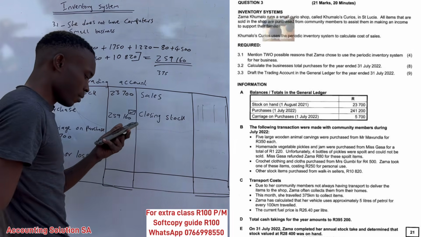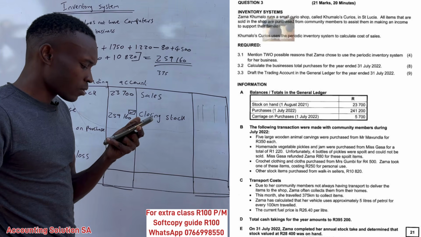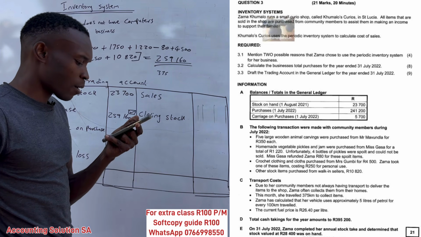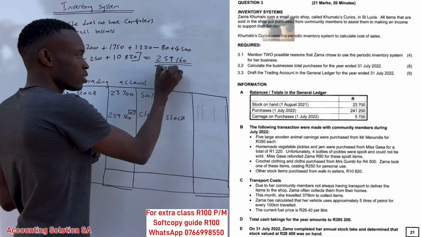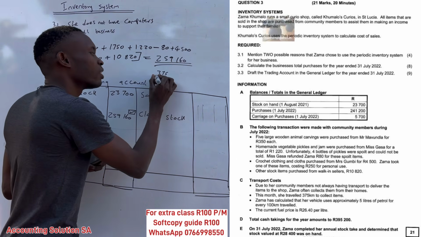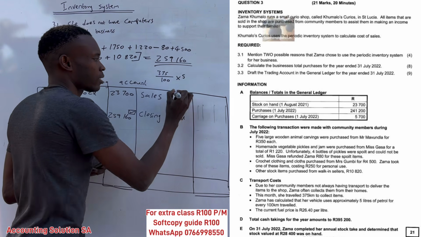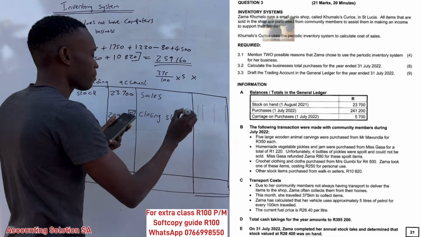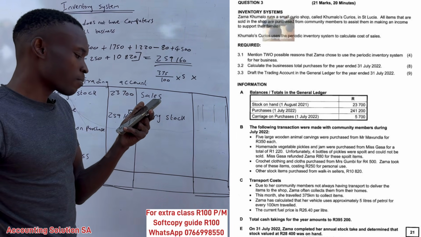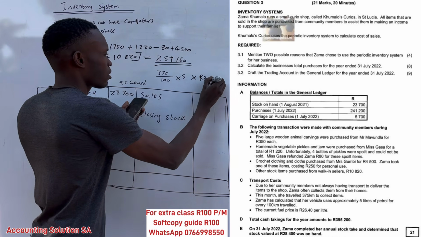Okay, this month she traveled 375 kilometers, and they said that Zama has calculated that her vehicle uses approximately 5 liters of petrol every 100 kilometers. You need to take what she traveled, divide by 100, which is always 100 here, and multiply by 5 liters. Then you are going to get an amount which you multiply by the current fuel price, which is 26 Rand 40.